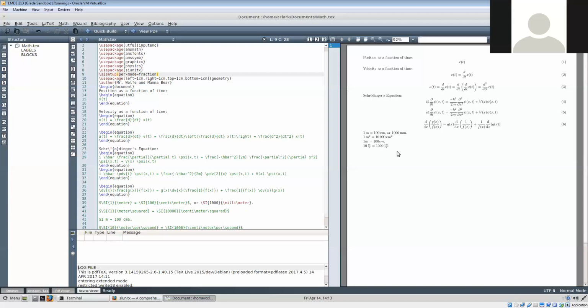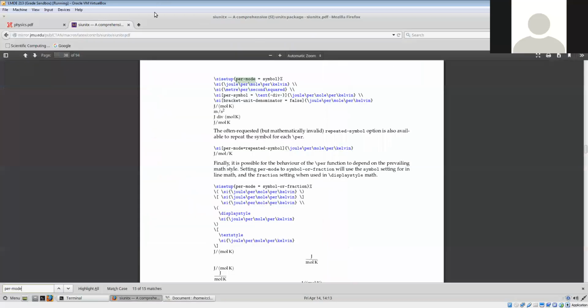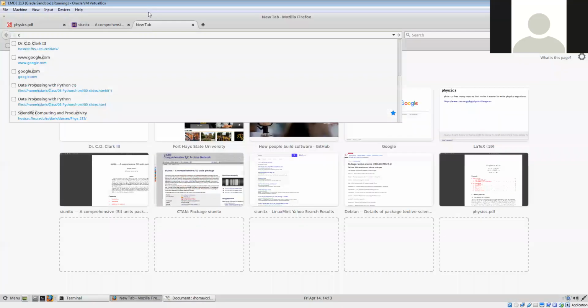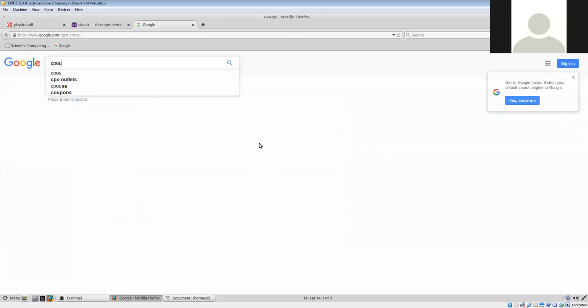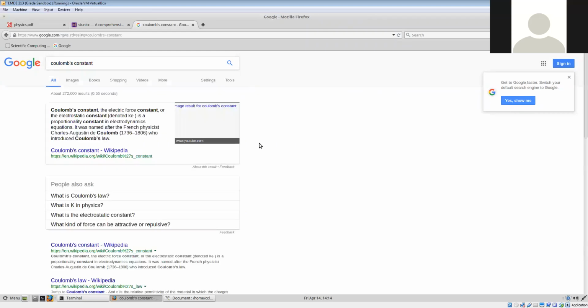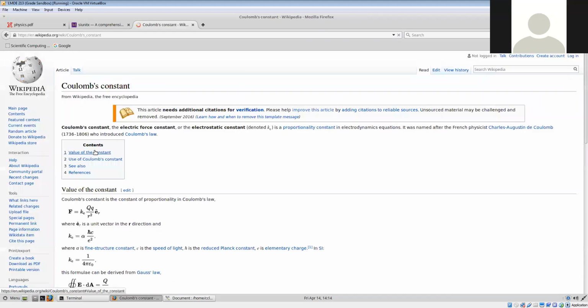Yeah. Let's do here. Let's see what Coulomb's constant is. If I remember right, it's a really gross number. It's like 8.99.